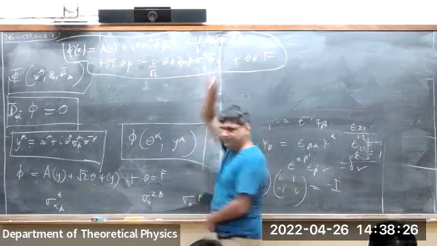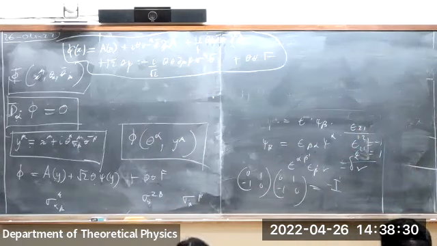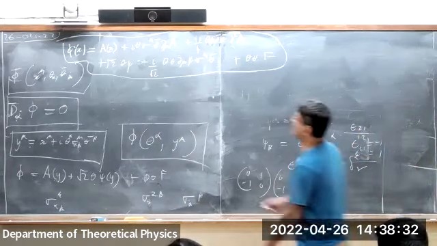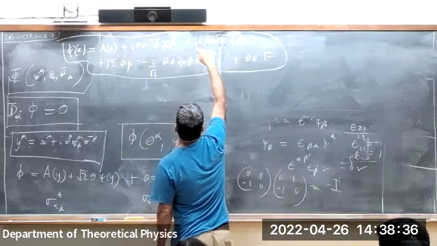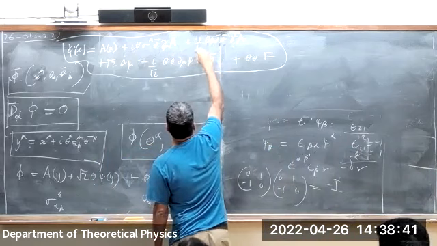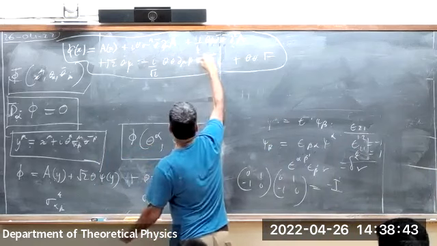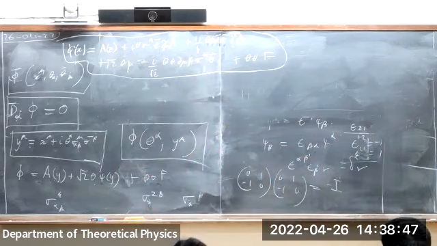Always upper, lower, upper, lower. And here psi is contracted with theta bar. Here psi theta, here theta theta, and this is a 3-object: psi alpha, sigma alpha beta dot, theta bar beta dot. These are the mixed indices.